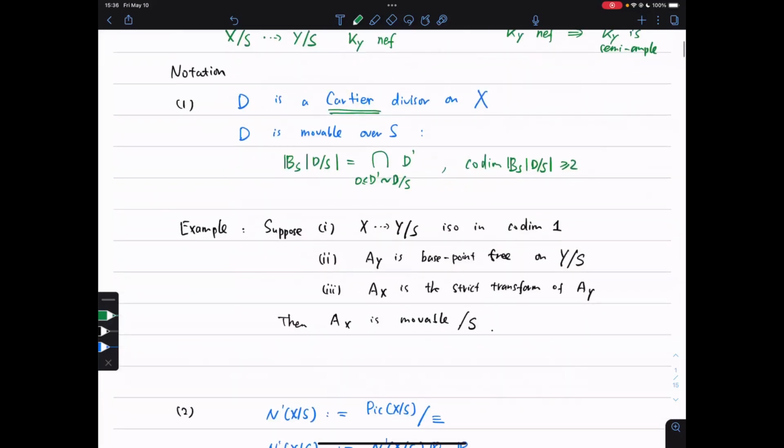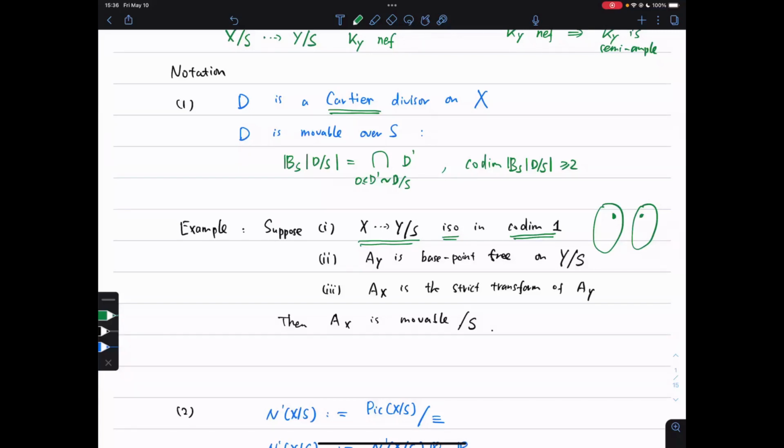All right, let me mention an example of movable divisors. Suppose we have a birational map which is an isomorphism in codimension 1. This means the locus where the two varieties are not isomorphic has codimension bigger or equal to 2, so it's a very small set.